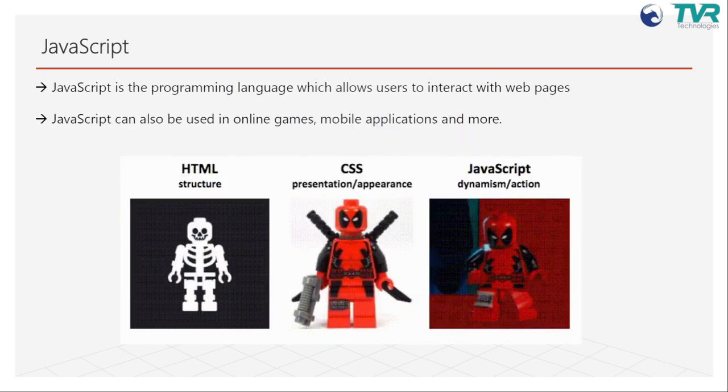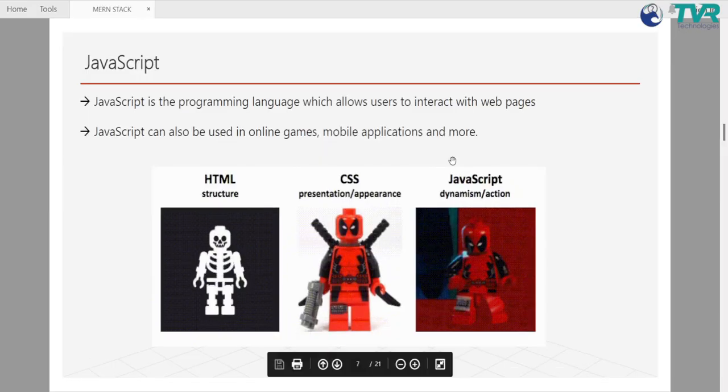And the third prerequisite is JavaScript, and JavaScript is a programming language which allows users to interact with web applications. Let's take the example of the same thing, that is Amazon.